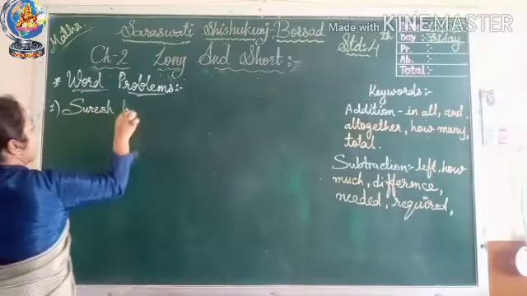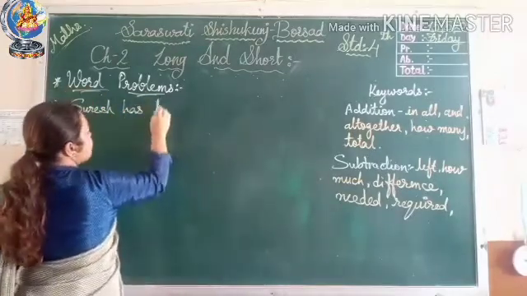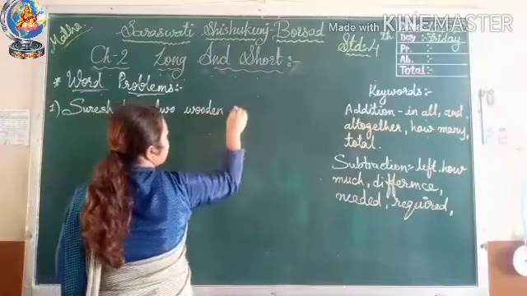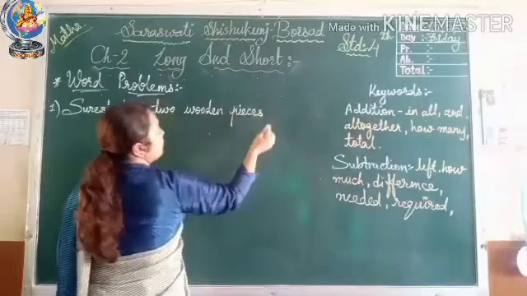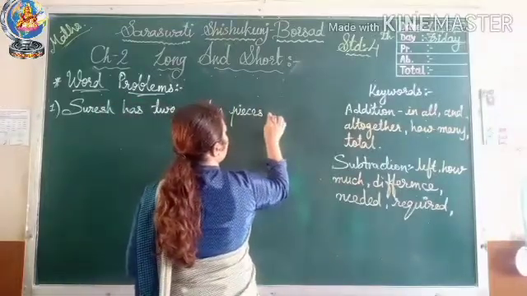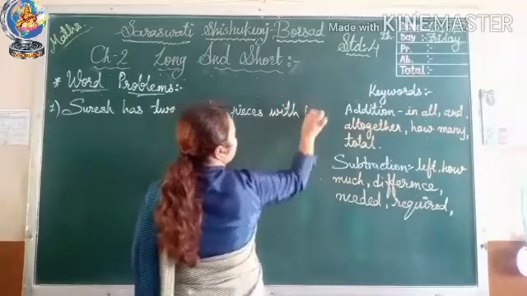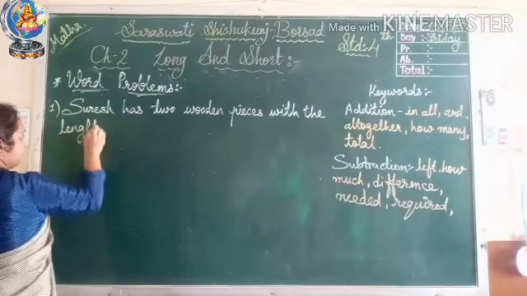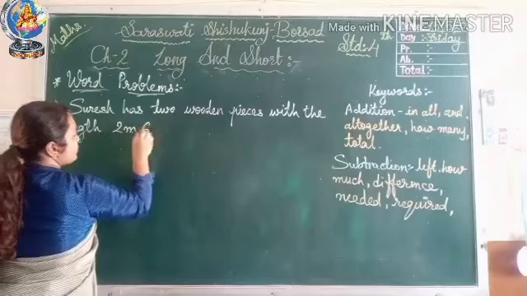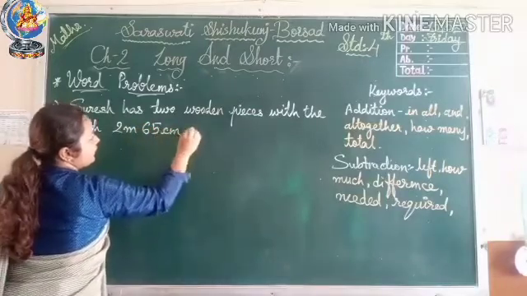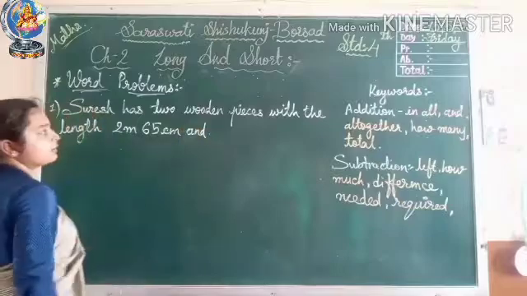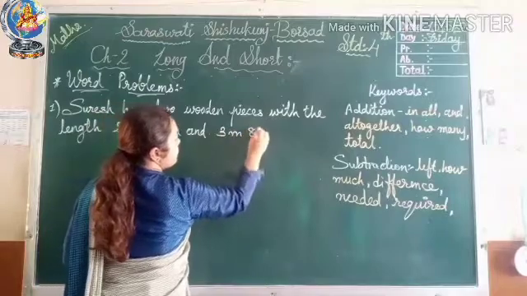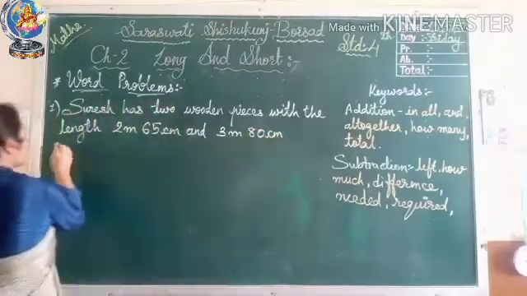Suresh has 2 wooden pieces with the lengths 2 meter 65 centimeter and 3 meter 80 centimeter respectively.